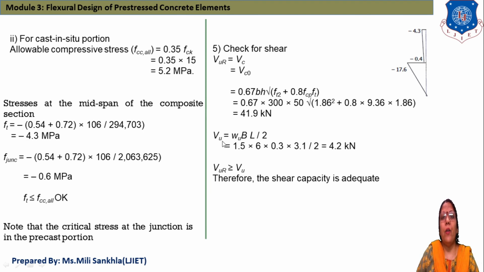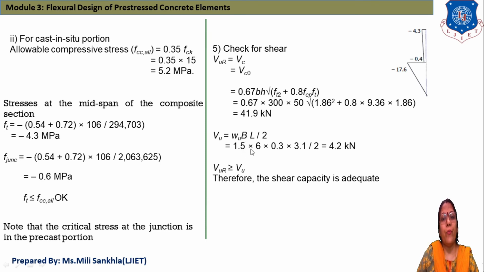Okay, and here we find out Vu. Vu is nothing but our shear force, and Vur is the ultimate resisting shear force. Vu is w u b l by 2. Actually the equation is wl by 2, but here we take according to width, so we multiply with width also.